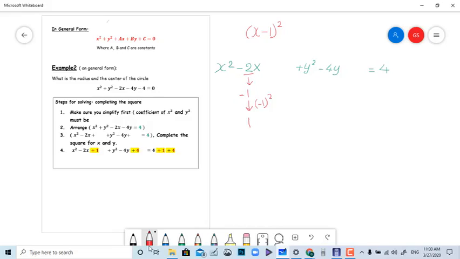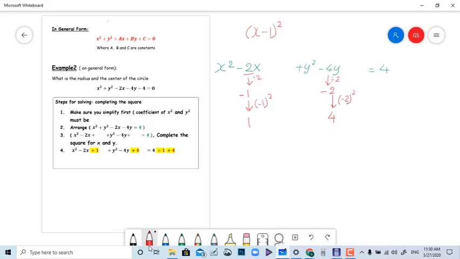Here I have y squared minus 4y. I'm going to take this -4 and divide it by 2. It's going to give me -2. Then this -2, I'm going to square it. It will give me 4.